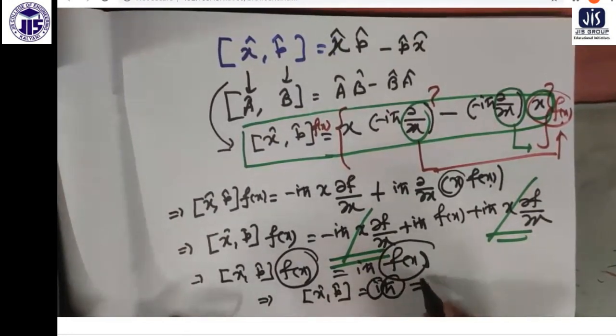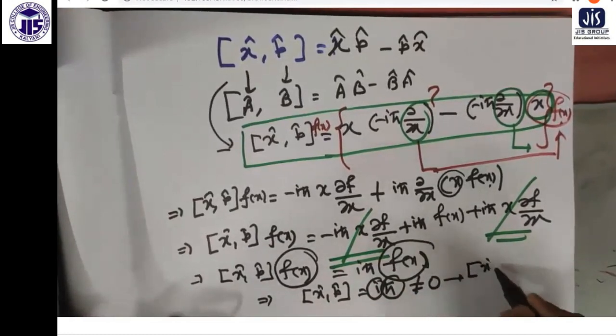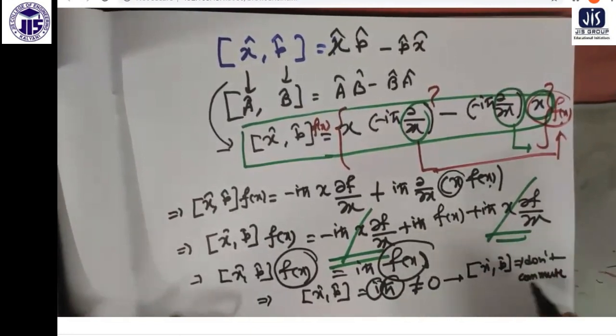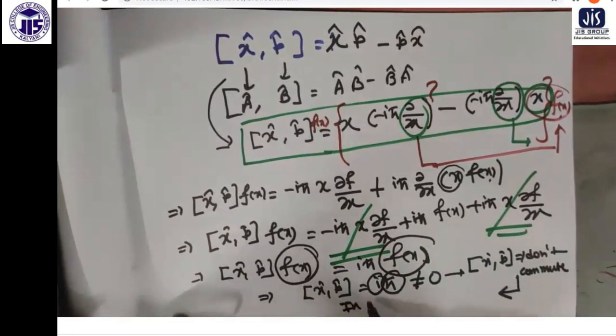Now this will be non-zero. Non-zero means x and p don't commute. They are not commuting with each other. If they don't commute, the prescription is that in an experiment you cannot measure them together.